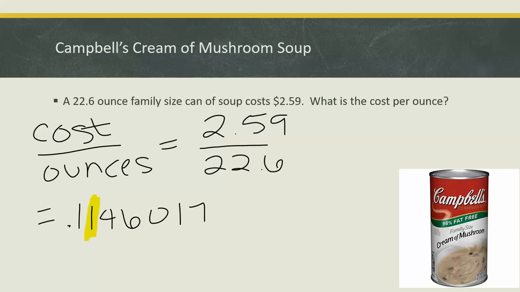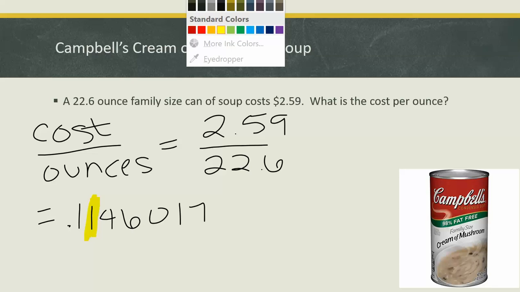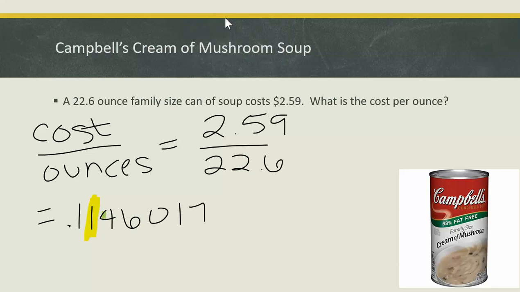I'm going to look at the number to the right of it. That number is a 4. A number 4 or less means that I keep my hundredth place the same. So this rounds to 0.11. In other words, we found that the cost per ounce is 11 cents per ounce.